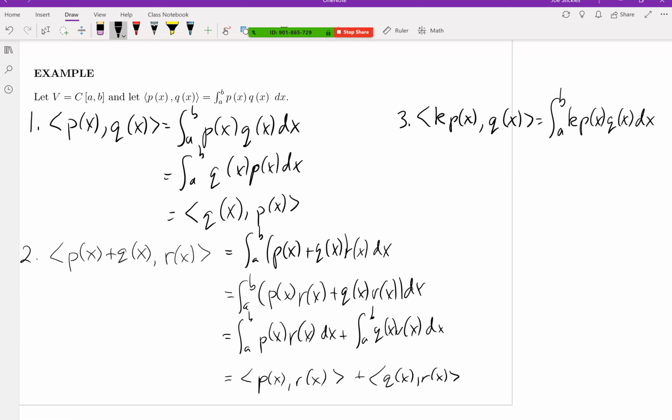So that first step there is just how the inner product is defined. Since we have the scalar, we can move the scalar to the front. And now we recognize the integral as the inner product.